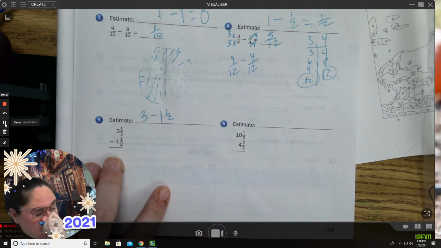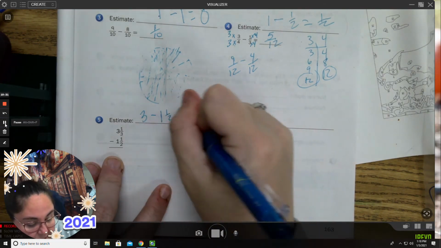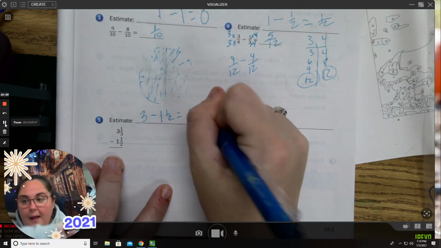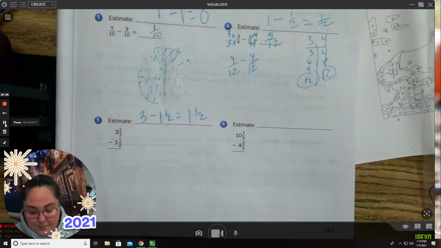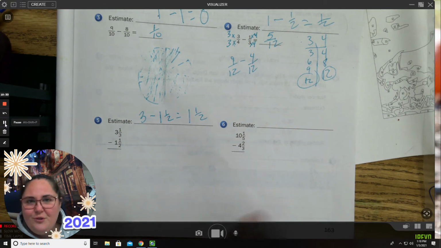If I take 3 minus 1 1/2, well, I mean, that's half of it. My answer is going to be 1 1/2. My estimate should be close to 1 1/2. If you said it was close to 2 because you did 3 1/2 minus 1 1/2, that's okay. As long as you're around that number, you'll be fine.